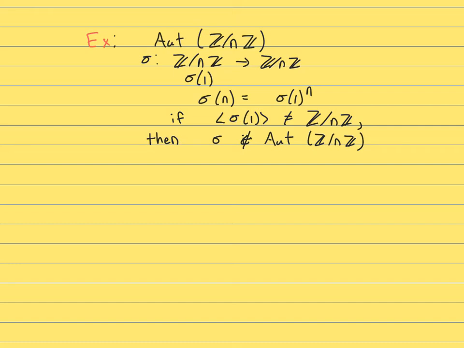Because the image becomes a proper subgroup rather than the whole group. In order to be an isomorphism, it has to be surjective. And so what do you need? Well, you need generators. And what are the generators of Z mod NZ? Well, the generators correspond to integers a, such that a is between 0 and n, and the greatest common divisor of a and n is 1.